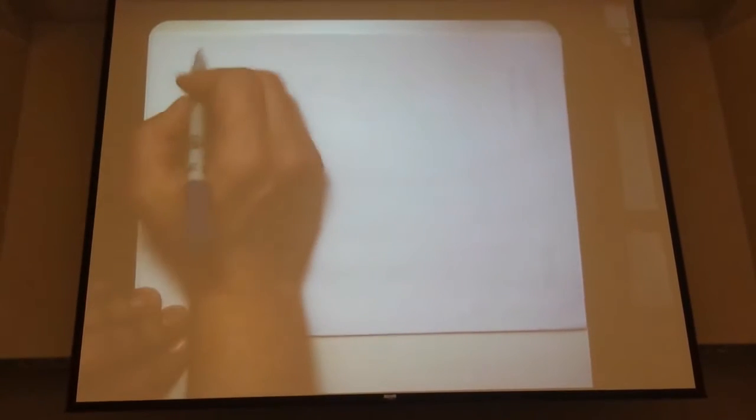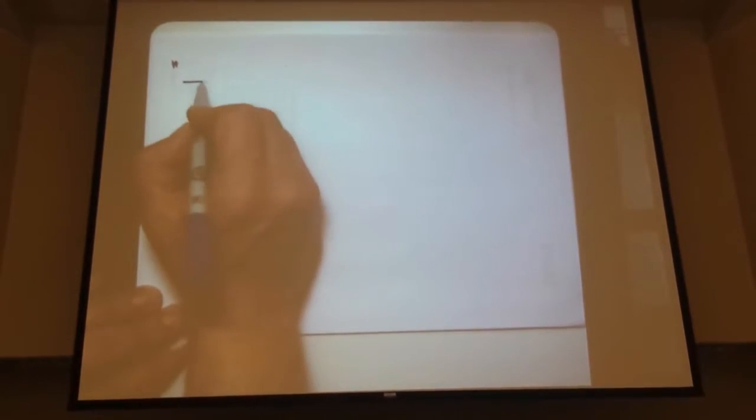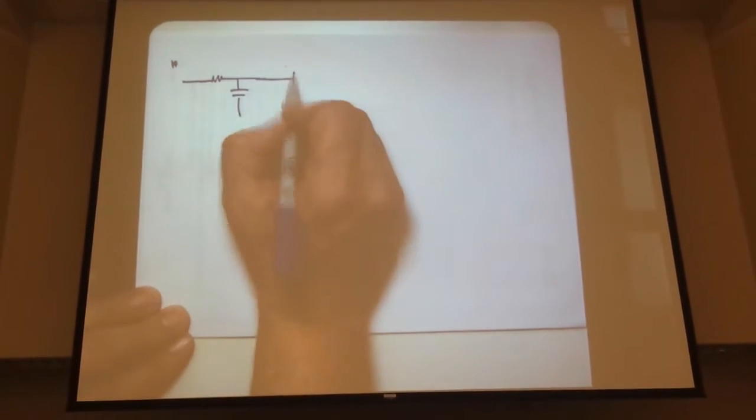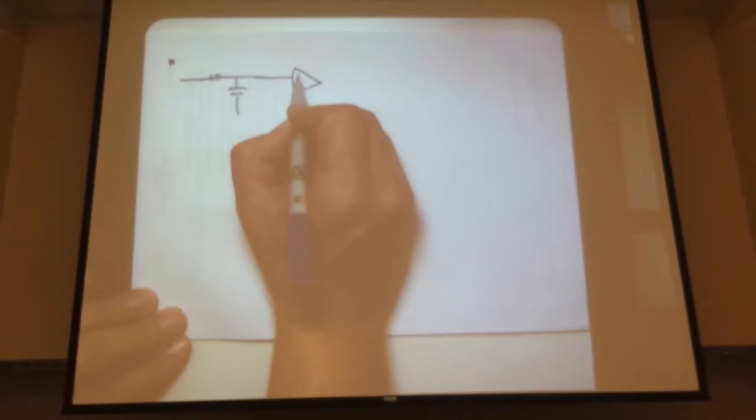All right. So to look at this type of circuit one more time, let's do something similar, but maybe a little smaller, just to save ourselves some time.